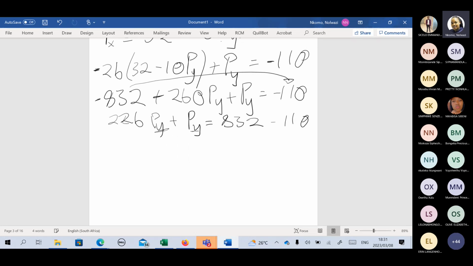If we add these terms, we'll have 227 PY, right? And then we have 832 minus 110. That is 722, right?